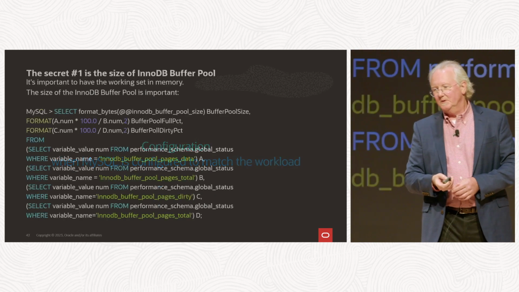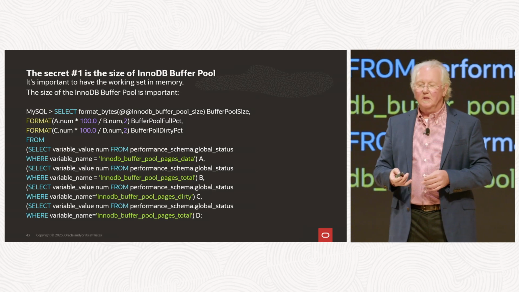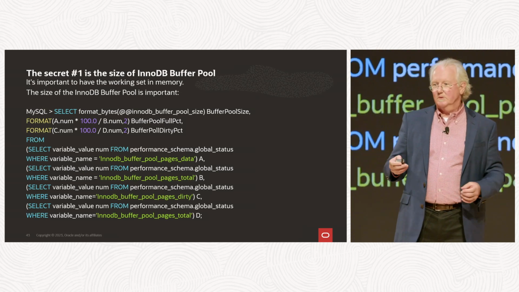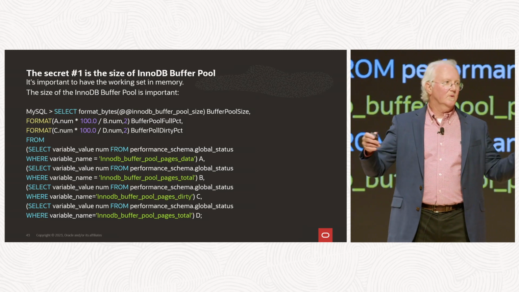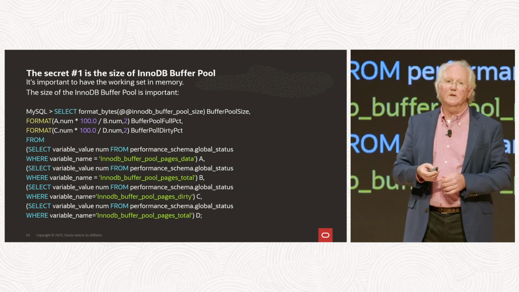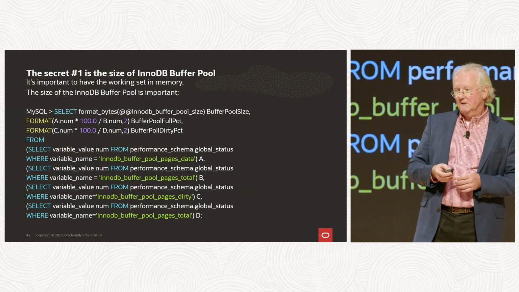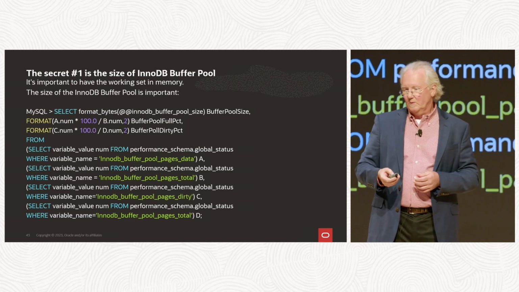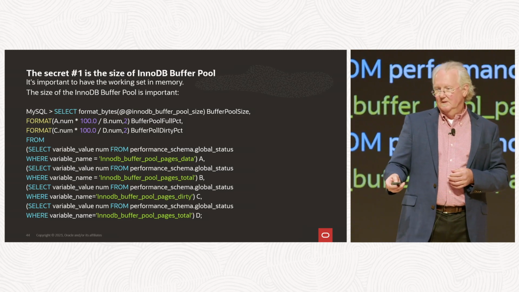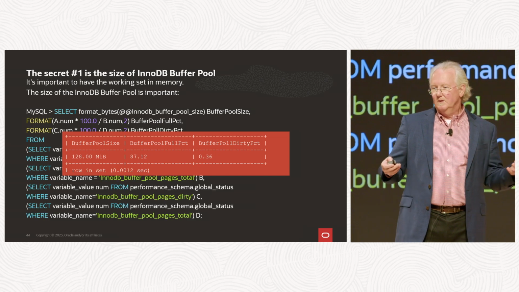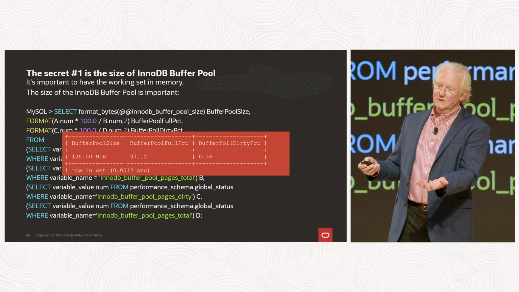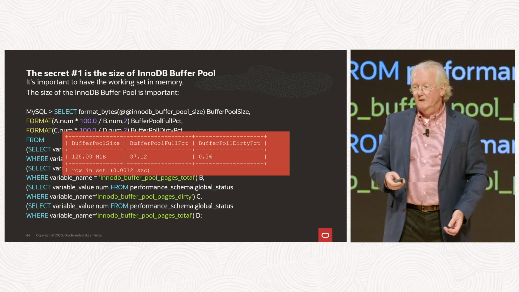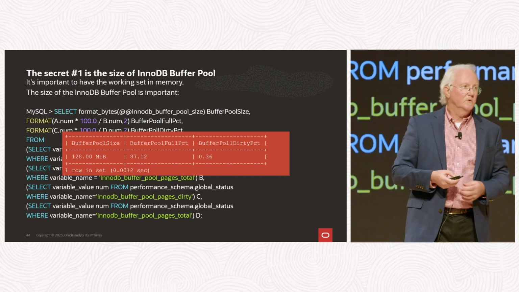So configuration, right? So there's a lot of variables, but probably the most important is the InnoDB buffer pool. And it's important to have the right size of memory set up for your database. And so this lovely query will tell you buffer pool size, buffer pool percentage full, and buffer pool dirty, right?